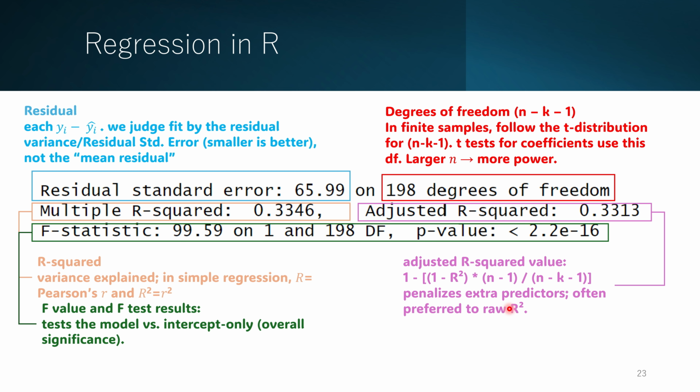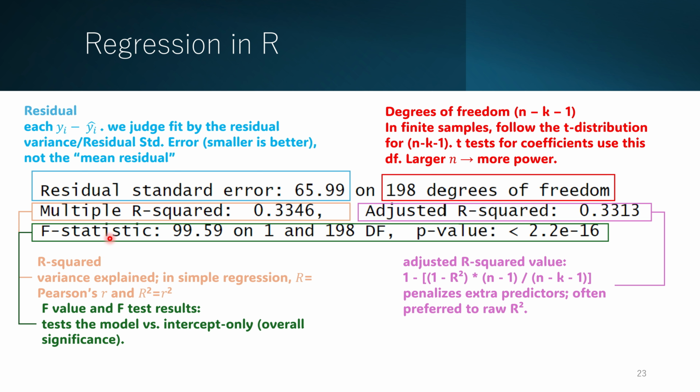There is a penalty for extra predictors, and it is often preferred over simple R square. R square increases if we use a lot of explanatory variables, but in the adjusted R square case, there is a penalty if we use a lot of predictors. So basically the adjusted R square would be preferred.